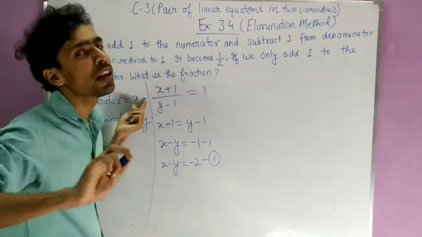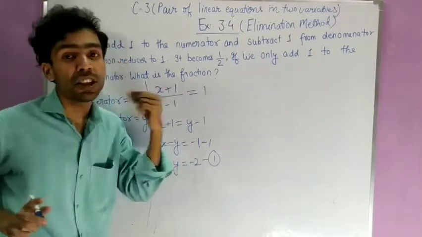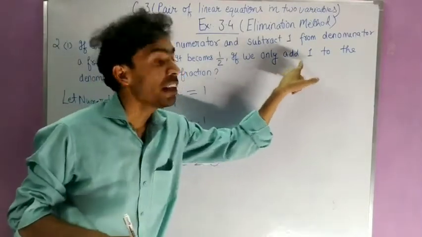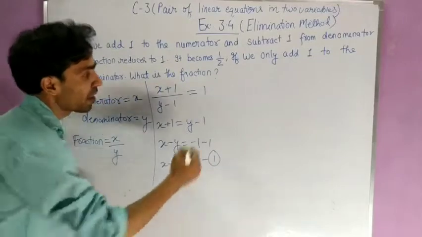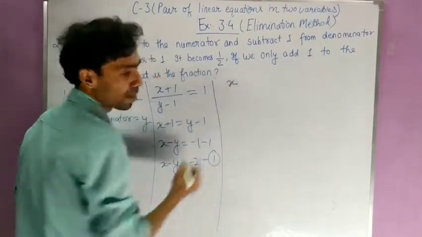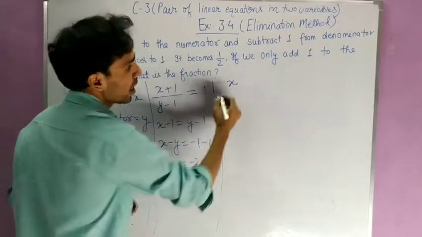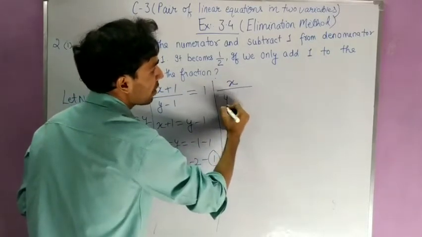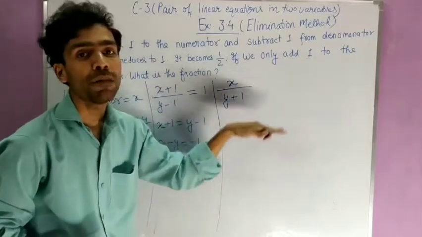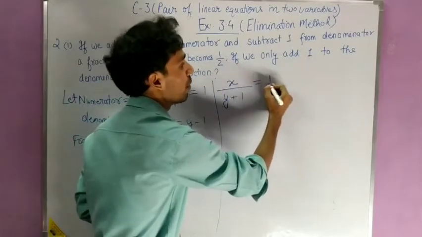There is no change in the numerator, only a change in the denominator. And what is the change? We only add 1. So when we write the fraction, x will be the same because the numerator is the same, and the denominator becomes y plus 1. When this happens, the value of the fraction becomes 1 by 2.